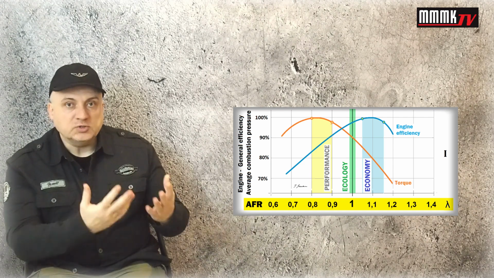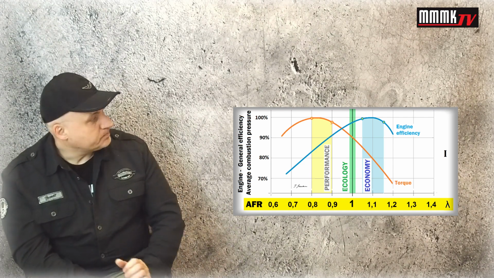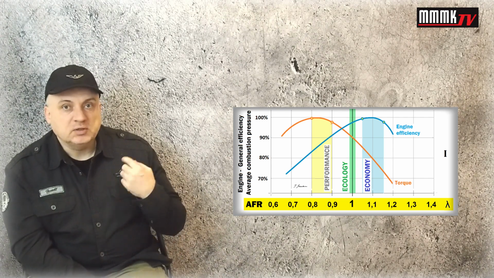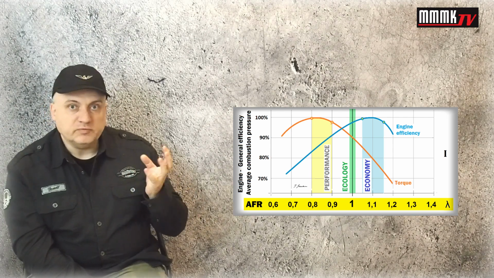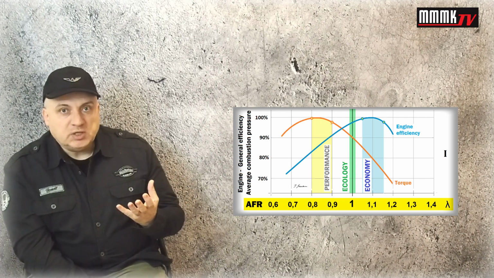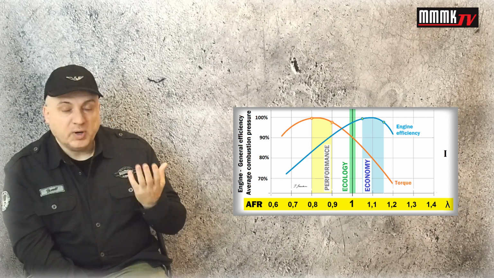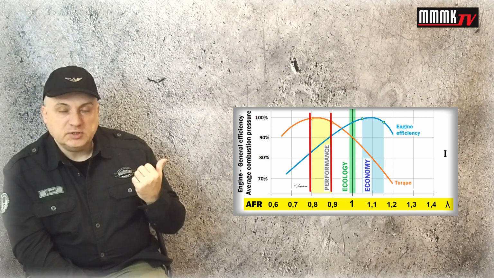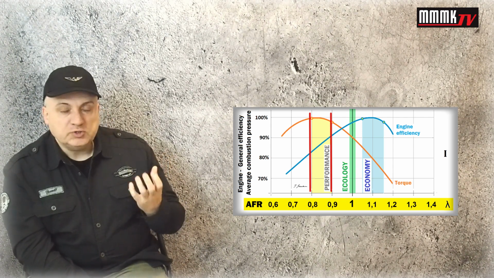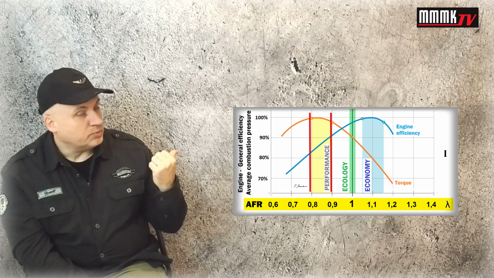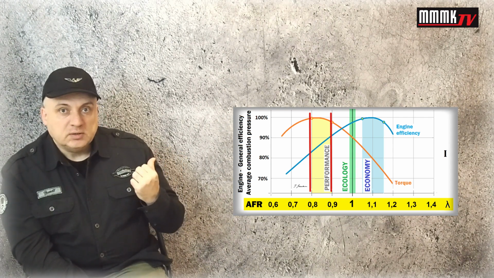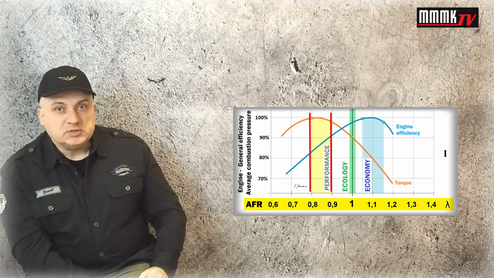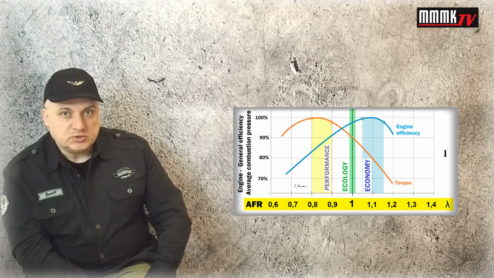Only then can we generate the highest energy. And as we know, the mixture is not perfect. The air is not perfectly mixed with the fuel. So the only way to make it possible is to add more fuel than is needed. And this is why for a rich mixture, 0.8, 0.9, we get the highest torque. Sometimes this mixture is called a dynamic mixture.